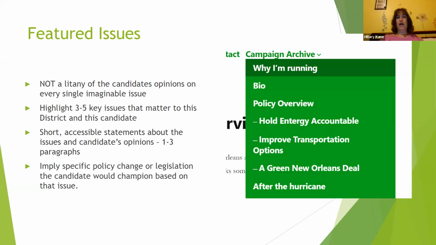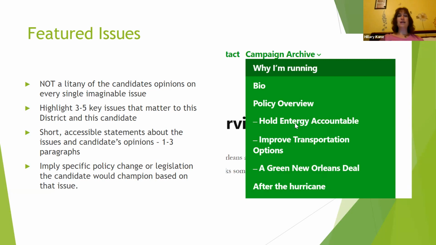And here's a snip from Bart Everson's website from last year. He was running in New Orleans, and I like this nice policy overview, and then three things he put under it. This was obviously the menu, but it's pretty specific.